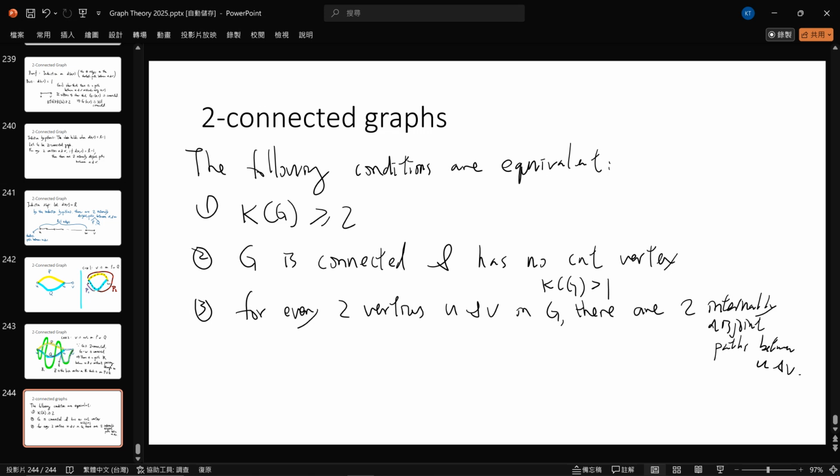That is, for any two vertices in the graph, we can find two internally disjoint paths.